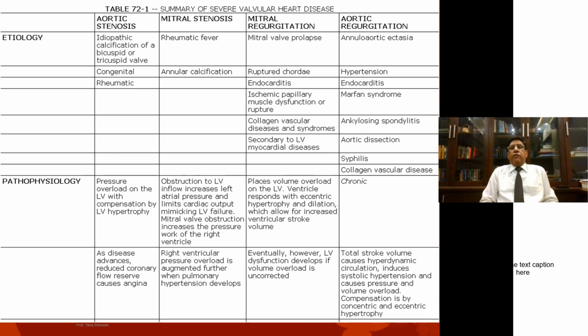When you talk of mitral regurgitation, it places volume overload on the left ventricle. Why? During diastole, blood flows from the left atrium to the left ventricle, and most of it is regurgitated back to the left atrium during systole.